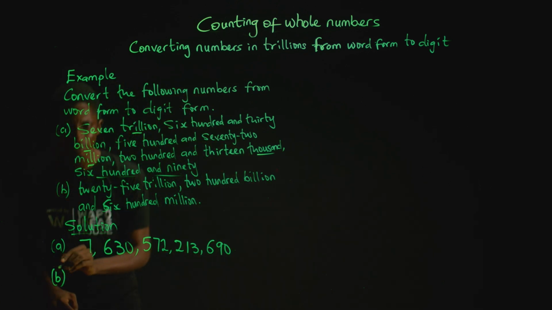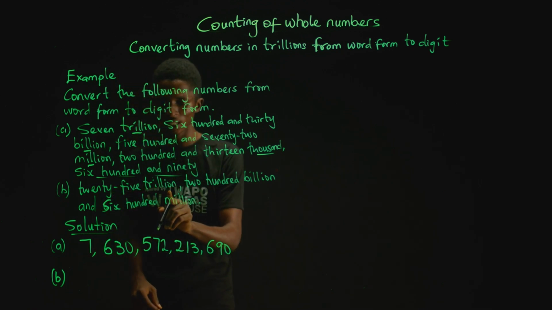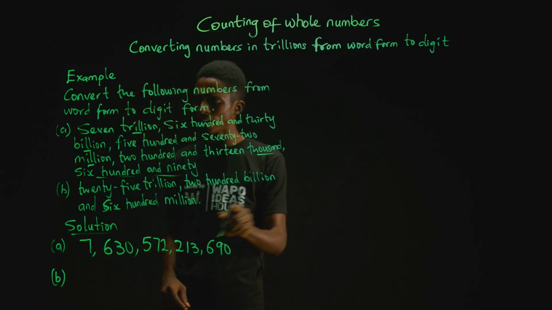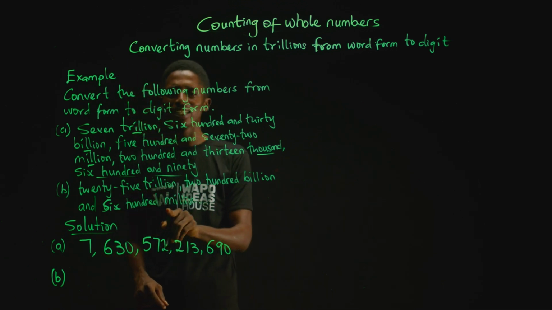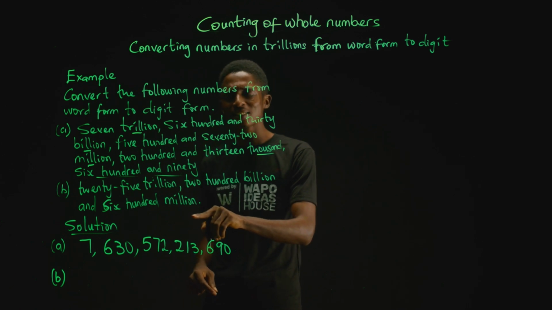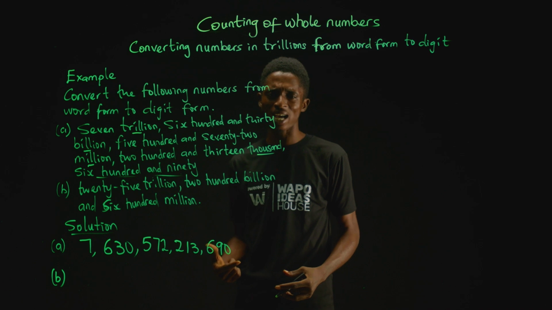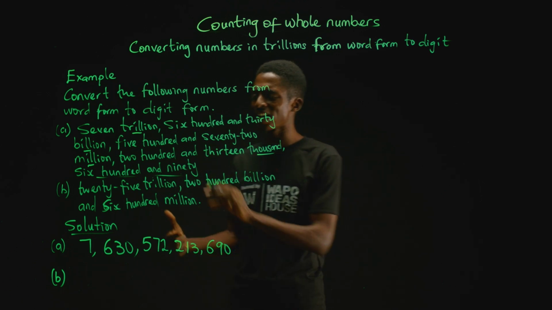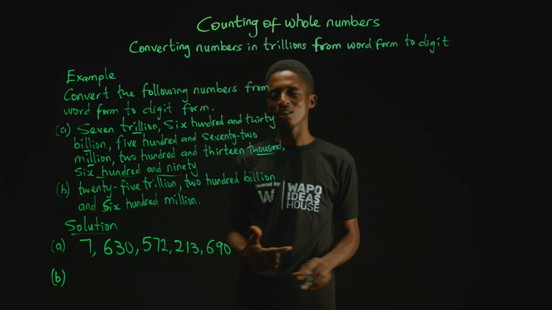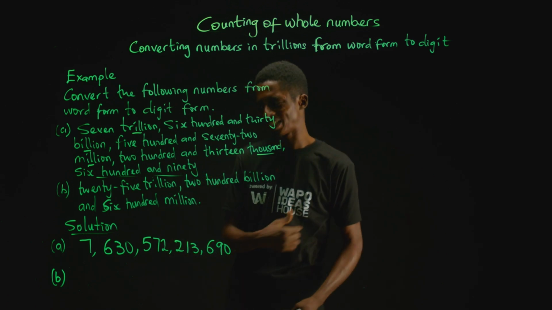B. This time we are dealing with 25 trillion, 200 billion, and then 600 million. You may wonder, why has it stopped at million? It doesn't mean that the other categories are left out. What matters is that every digit in those other categories will be written as 0. So let's do it.